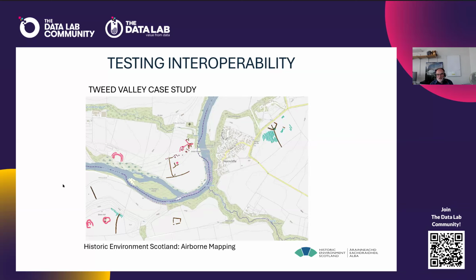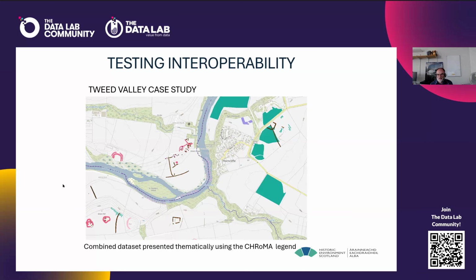Because the archaeology is seamless, it doesn't respect administrative boundaries. You should be able to move from one jurisdiction to another and view the data consistently. That was really successful. It's not the best study area, but because it's a border area, it demonstrates the need for interoperability. And that's a bit more of the combined data sets.